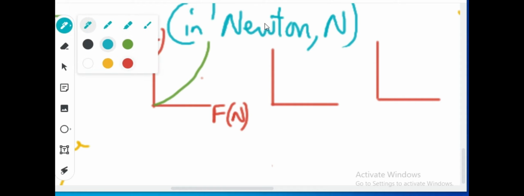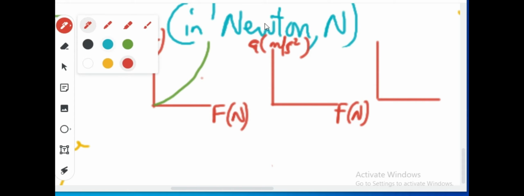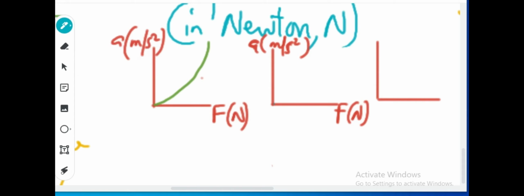Okay, let's see this one. Also force in Newton, acceleration in meters per second squared. Let's see this one. Force in Newton, acceleration in meter per second squared.